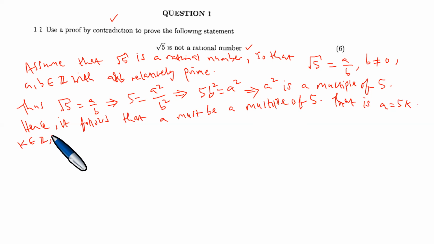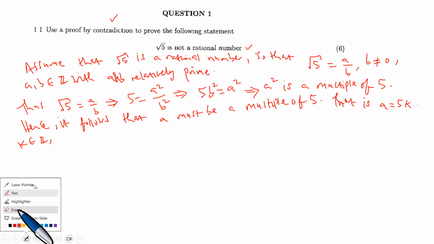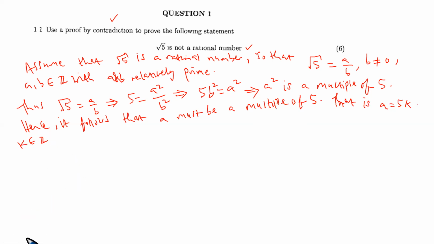Okay, so we continue. If it follows that a is a multiple of 5, that is a is 5k, k an integer, we're moving faster.